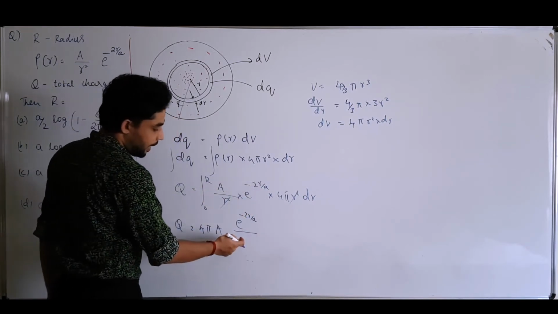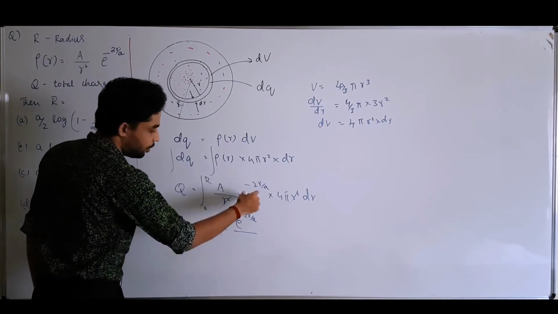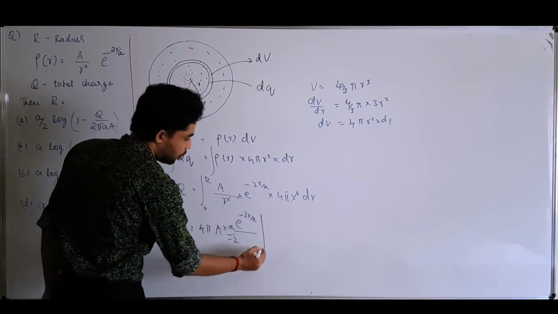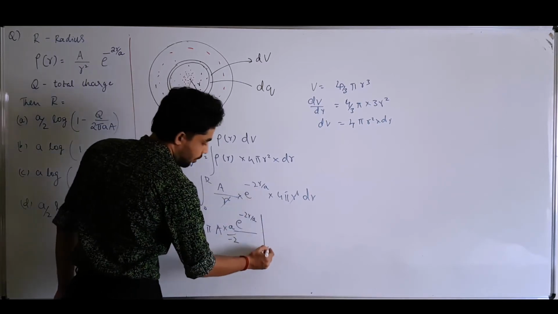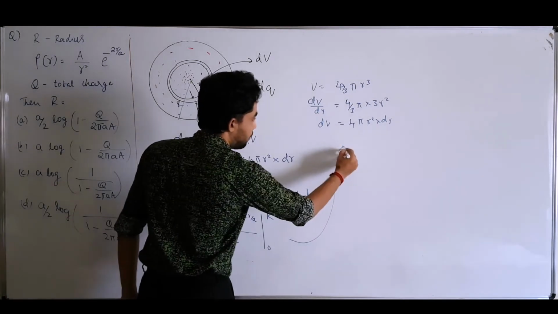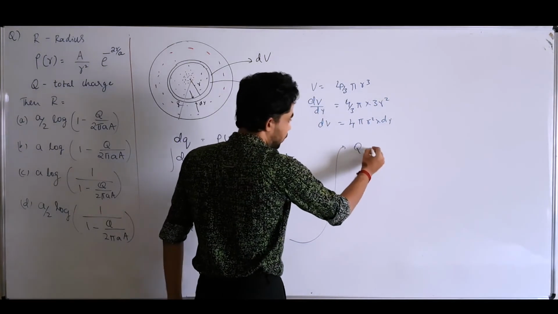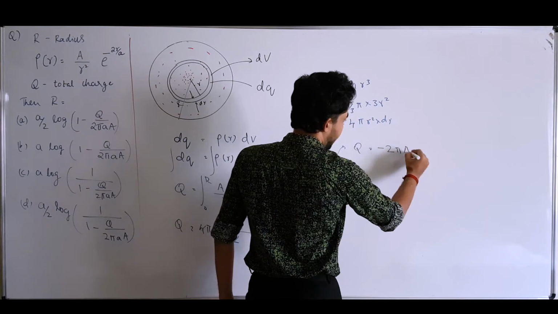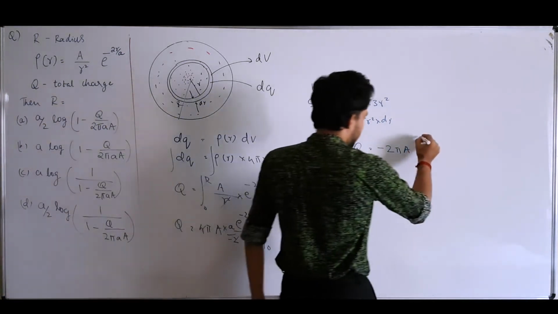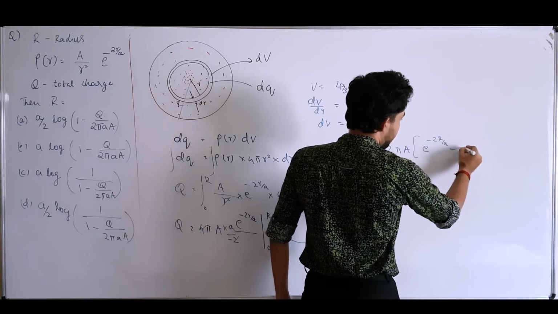So that minus 2 by a will be in the denominator, and when I bring it up, this is going to be a by minus 2, and I have to substitute the limits from 0 to R. Now simplifying this further, the 2 and 2 will get cancelled, so Q will be equal to minus 2 pi A a, and if I substitute the limits, I get e raised to minus 2R by a minus 1.